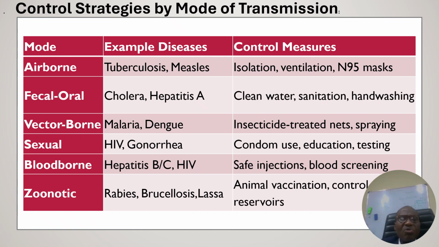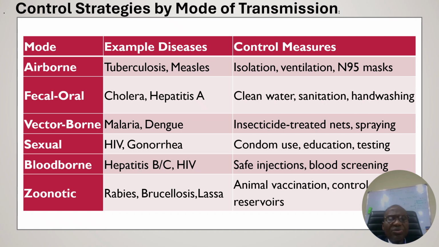The same thing applies to other modes of transmission, like fecal-oral and cholera. What is important for vector-borne diseases like malaria and dengue is the use of treated nets. Use of condoms, health education, and testing are good for sexually transmitted infections. Same goes for blood-borne infections, that is hepatitis B and C and HIV: safe injections and blood screening.